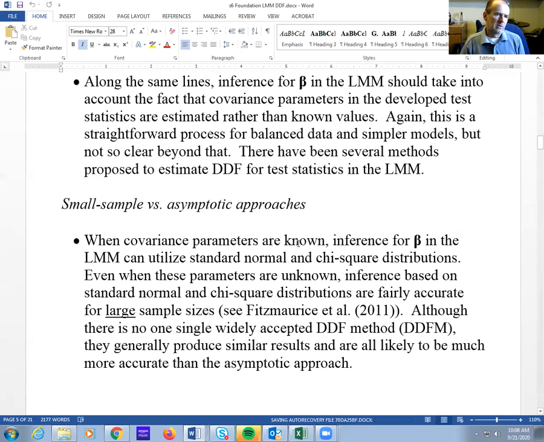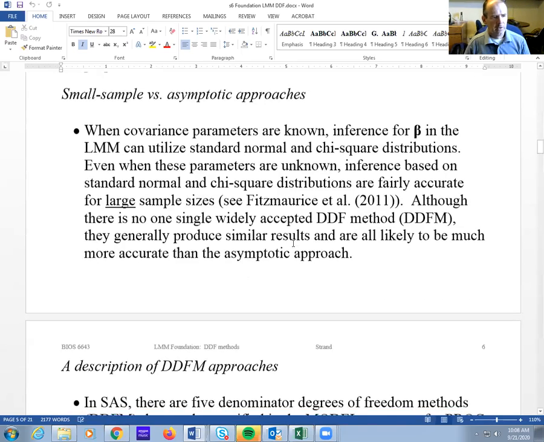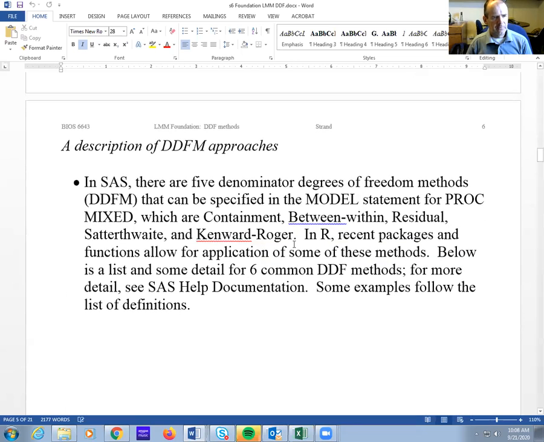Okay, so how do we estimate the degrees of freedom? There's like 6 different approaches that we can take. And one of the reasons why I want to talk about this is, if you use SAS, there's methods that are used to estimate degrees of freedom.